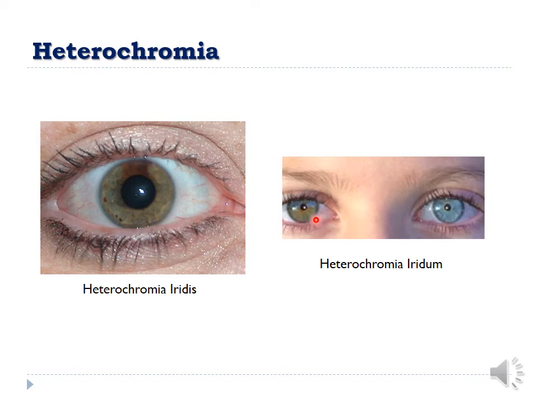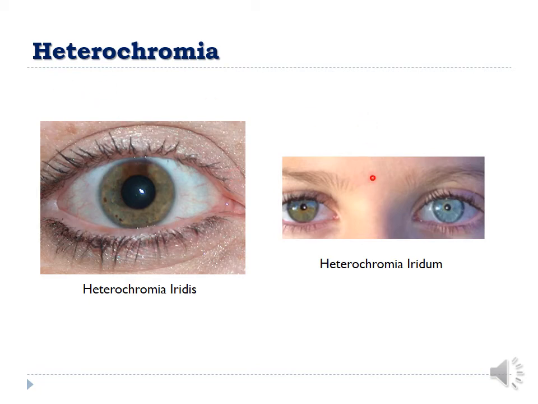So the same person is having irises with two different colors. In this eye, if you observe, in the same iris you have two areas. This side is more brownish and this side is less brownish. These are disease conditions that happen to the iris. You will be learning about this in more detail in ocular disease classes.